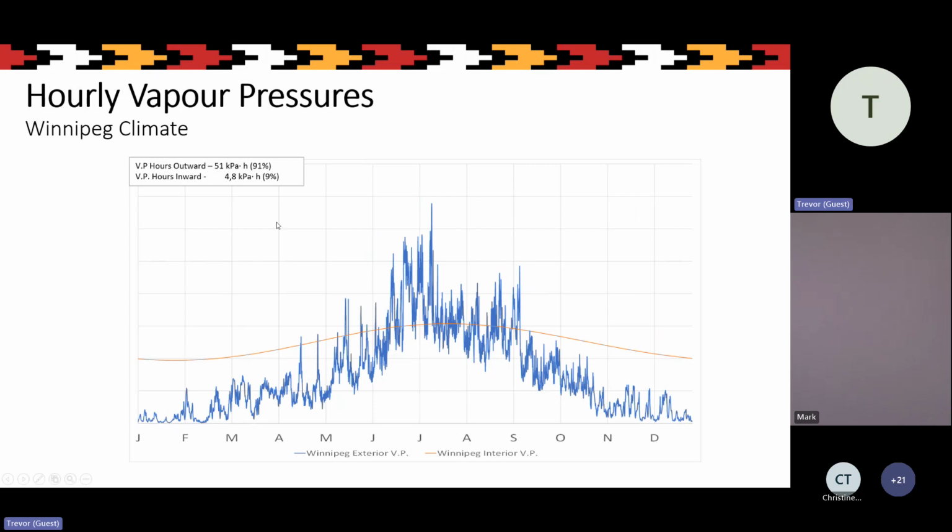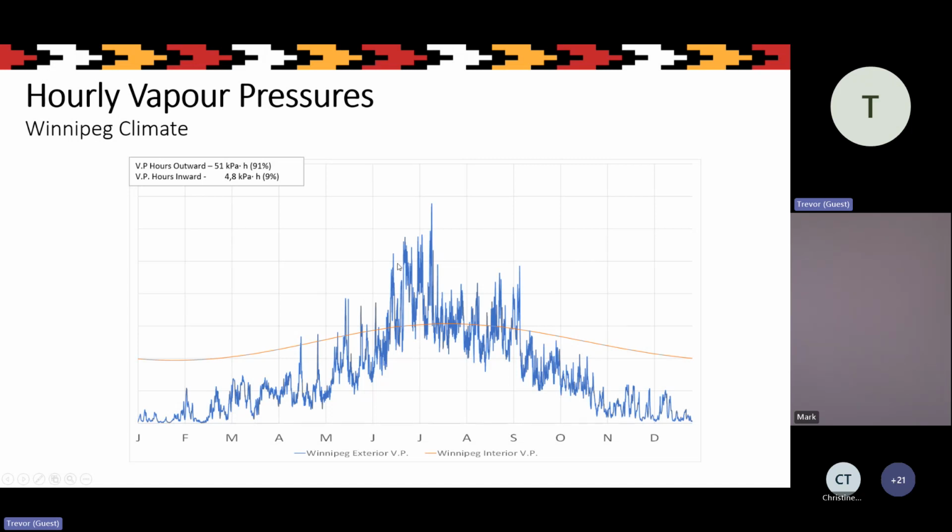So we look at the same data for Winnipeg. A lot more of the year, there's an outward vapor drive, and only a quite a bit smaller percent: only 9% of the year is there an inward vapor drive in something like Winnipeg. If we were to go into an even colder climate, you'd see this almost be entirely outward vapor drive almost all of the year.